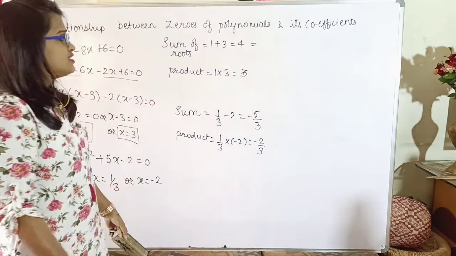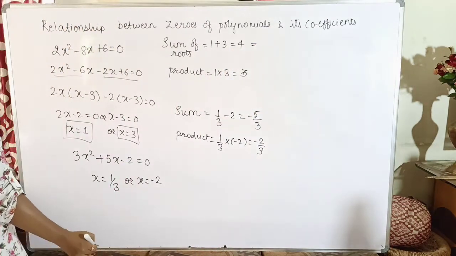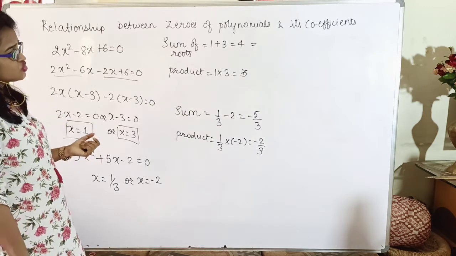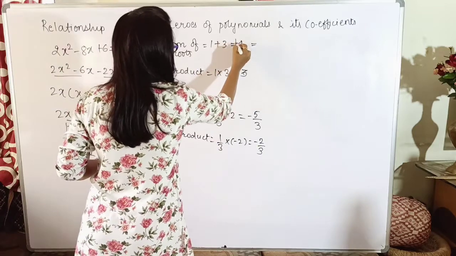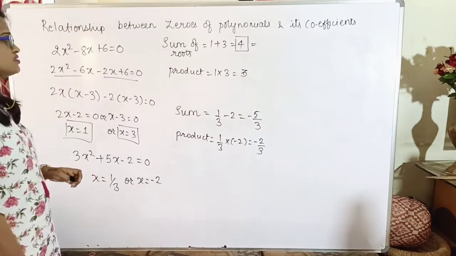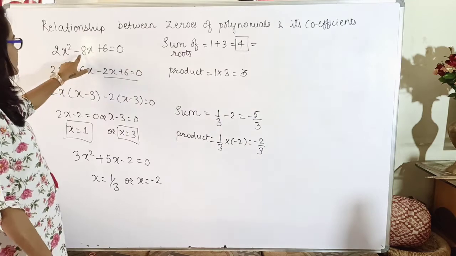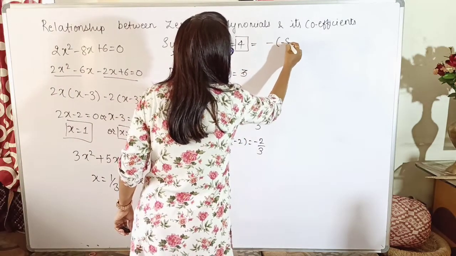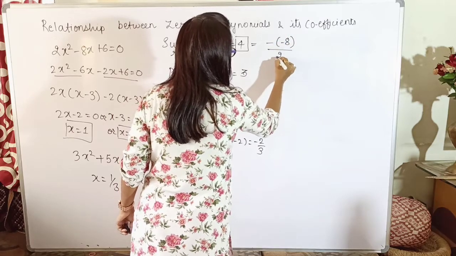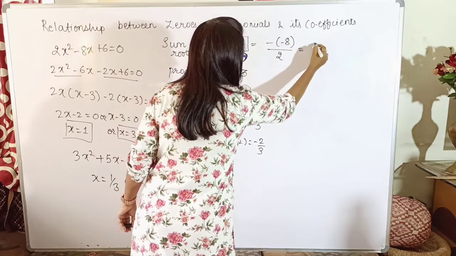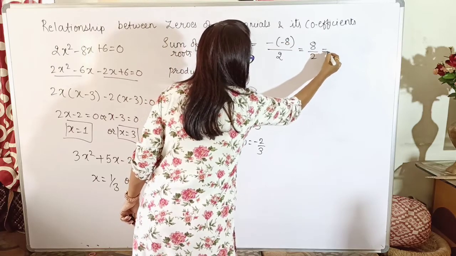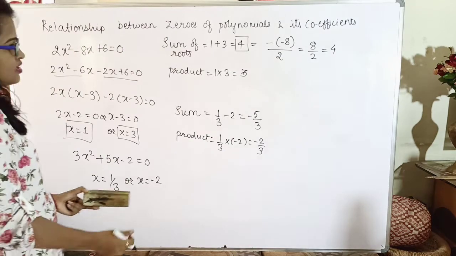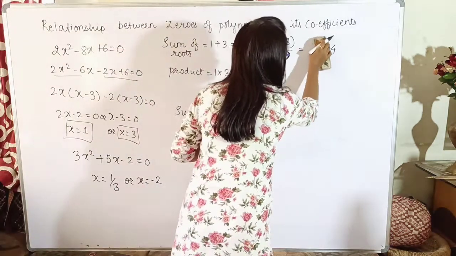But I have to find the relation with its coefficients, isn't it? So what values of coefficients should I consider so that I get the sum as plus 4? What if I do like this? Minus of minus 8 divided by 2, which gives me plus 8 by 2, and that is nothing but 4, isn't it? Yes. But what is minus 8?